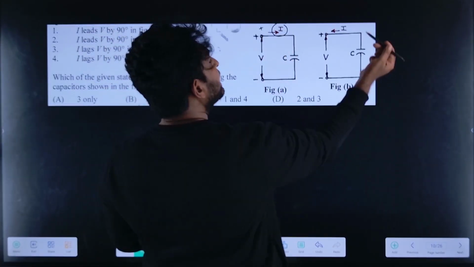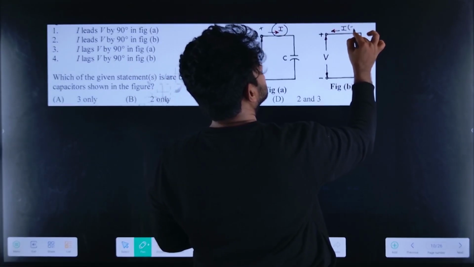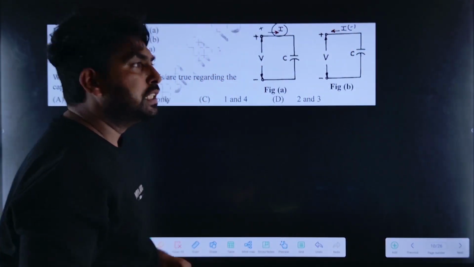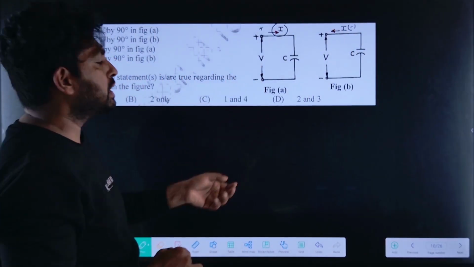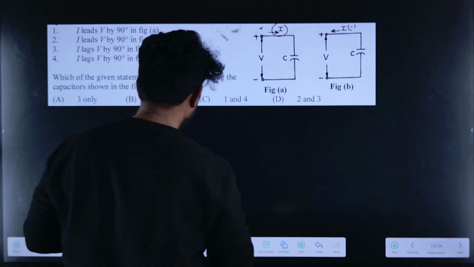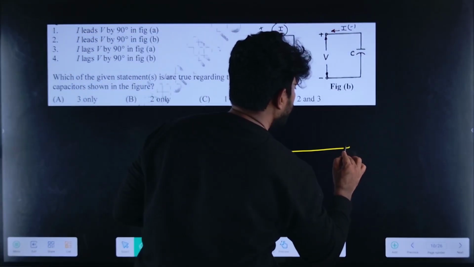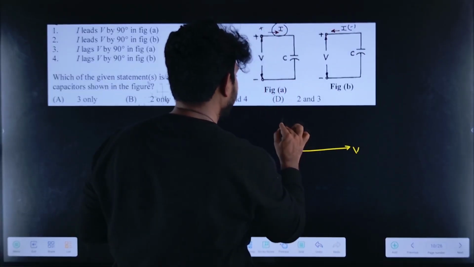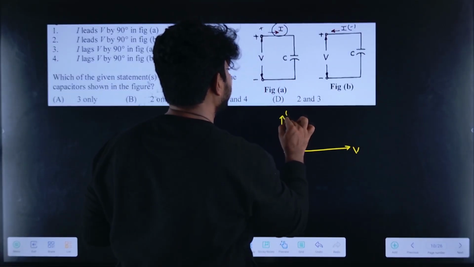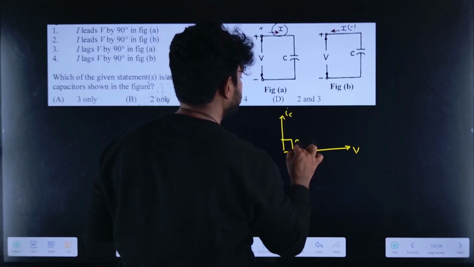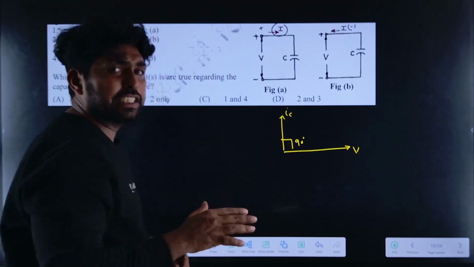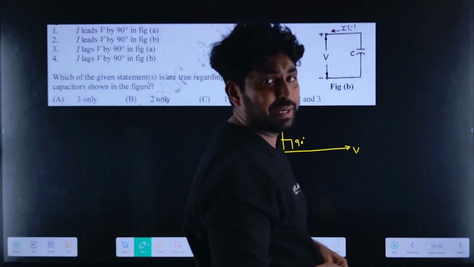If it is entering into the positive terminal, let us assume it is a negative current. So what is the general capacitance behavior? If I draw the voltage and current, the current leads voltage by 90 degrees. In case of capacitive loads, the current leads voltage by 90 degrees.